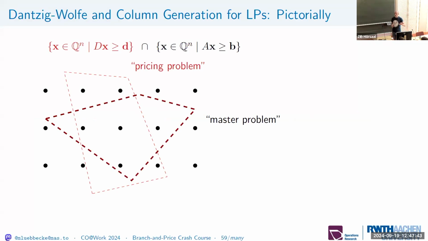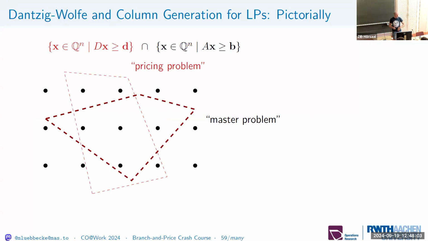So here is, for those who are more on the pictorial side, what we just did. We have the solving of LPs, right? LP relaxation, so different kinds of constraints. We reformulated one of them just by iteratively extending our model by giving more and more extreme points, like in this example.